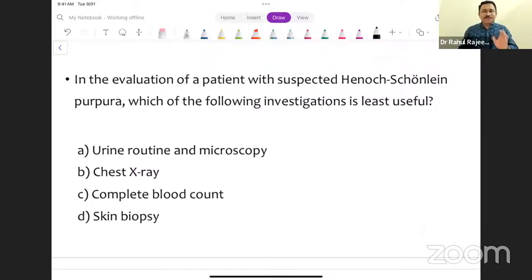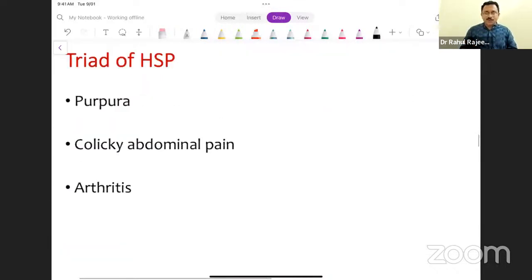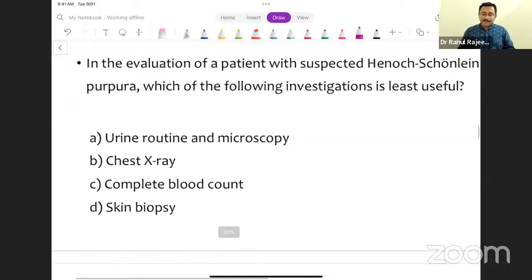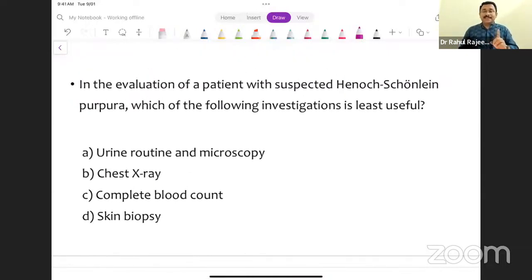So, in the evaluation of a patient with suspected Henoch-Schönlein purpura, what is the least useful investigation? Now, Henoch-Schönlein purpura, as you all know, the IgA vasculitis, is characterized by the triad of purpura, colicky abdominal pain, and arthritis. Yes or no? Yes. Now, look at option A, urine routine and microscopy.